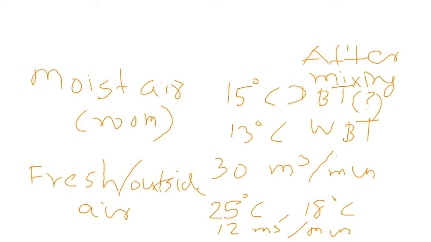Okay, so let us say we call this state 1, we call this state 2, and after mixing I call this state 3. So this is the problem, that you are mixing this with this. As we said, your mixing problem is represented like this.